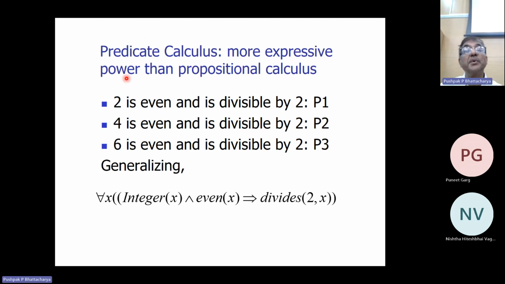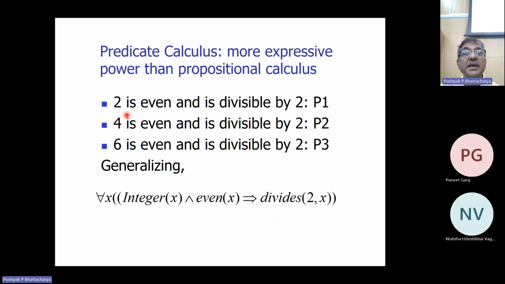Now, predicate calculus has more expressive power than propositional calculus. This happens because propositional calculus doesn't make use of any variable. Also, propositional calculus doesn't make use of any quantification, existential or universal.